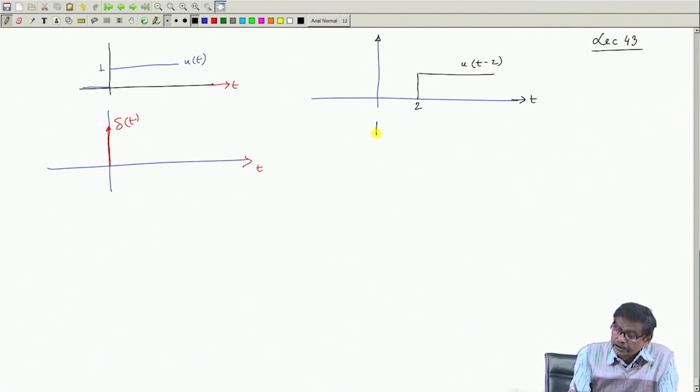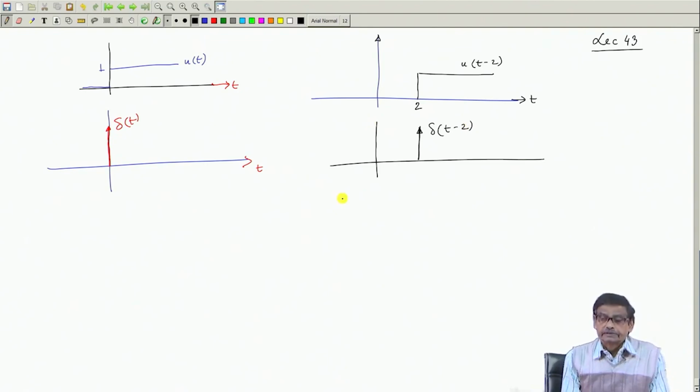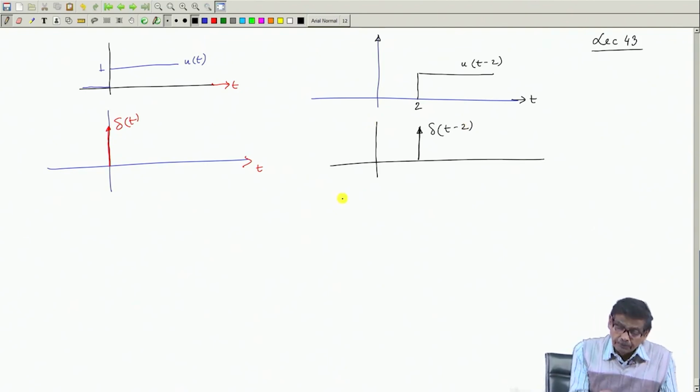Similarly, you can have a shifted delta function here at 2. This can be written as delta t minus 2. So, this is how these functions were developed.